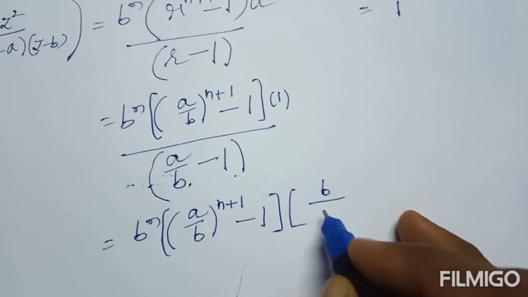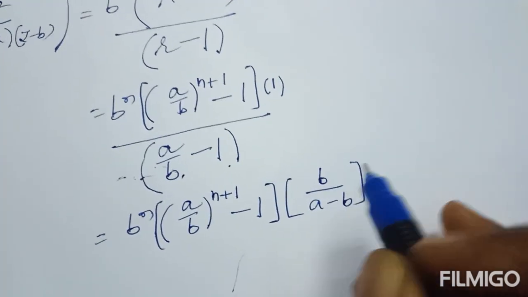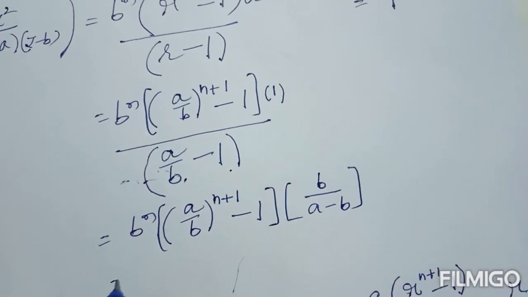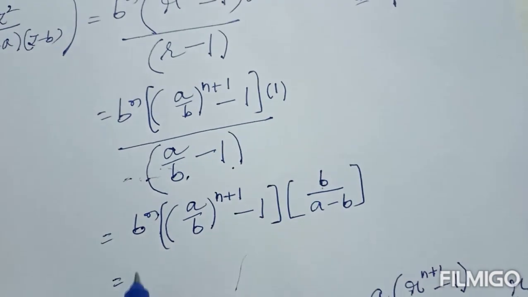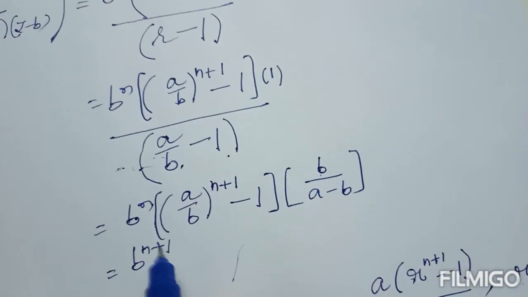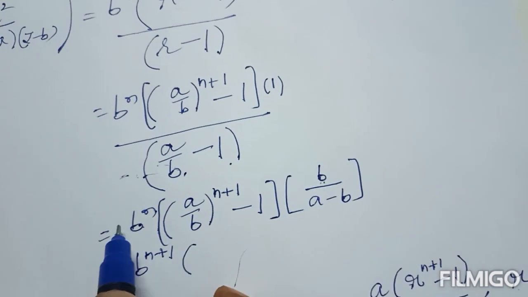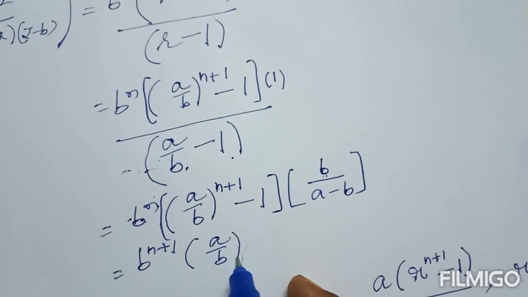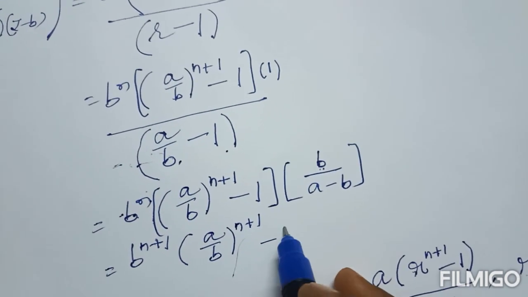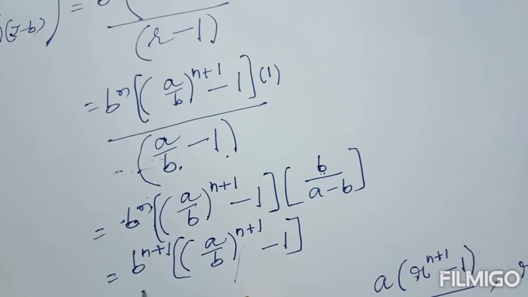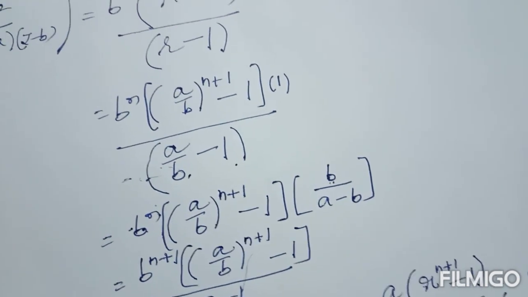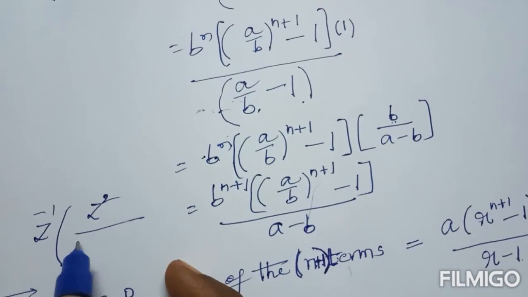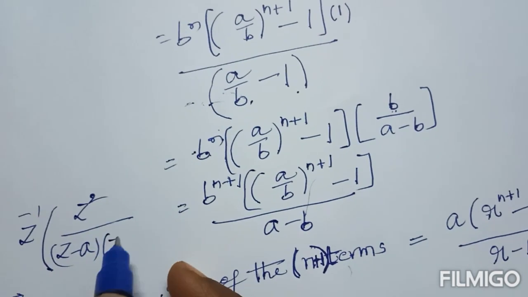Now b by (a - b), the denominator will be changed into the numerator like this, b by (a - b), that equals b^n. b can be written as b^(n+1), since both have the same base, b^n and b^1. Now ((a/b)^(n+1) - 1) by (a - b). This is the value of the inverse z transform of z square by (z minus a)(z minus b).